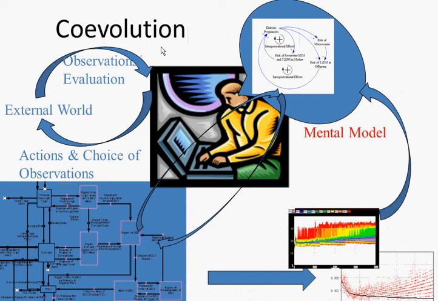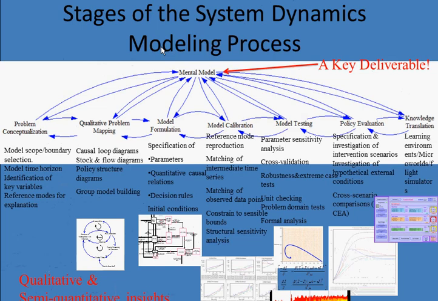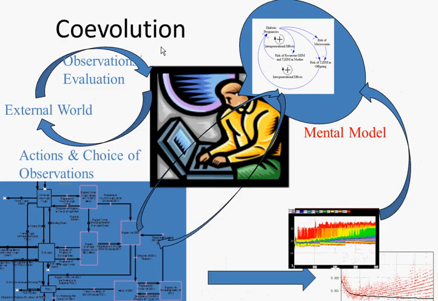That opens up ideas: I've been thinking about it this way, but this output from the model is totally inconsistent with what I see from the world. So it refines my mental model, which then might motivate me to collect more data from the world and potentially intervene.